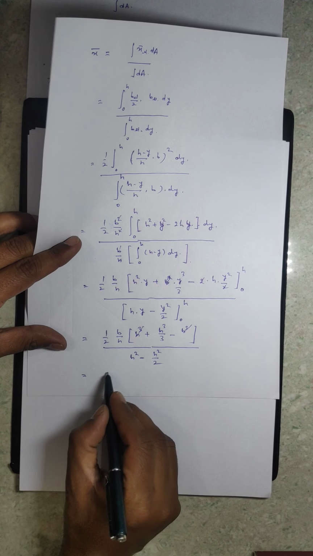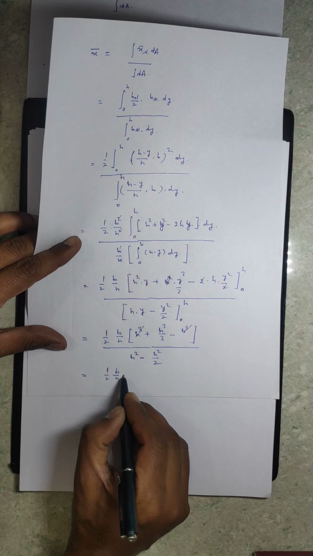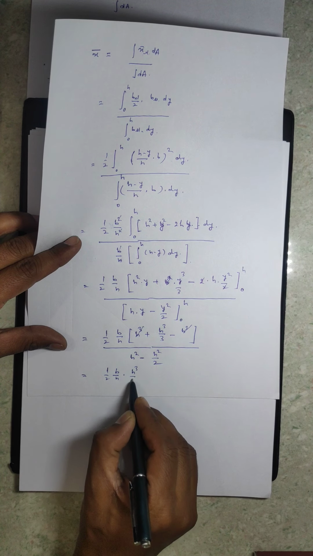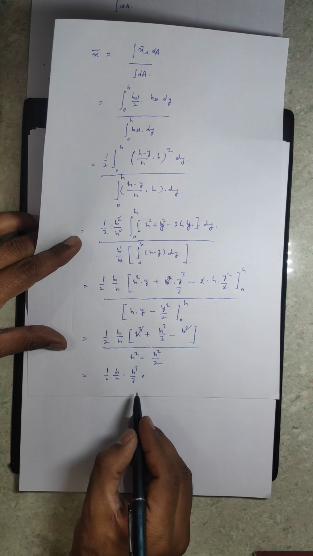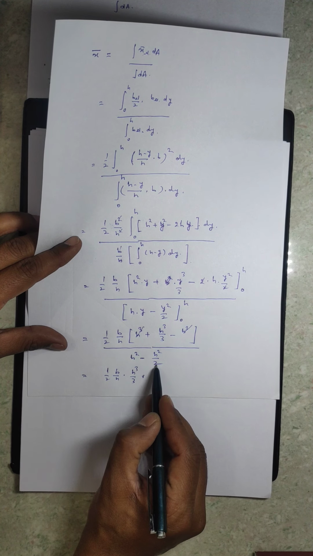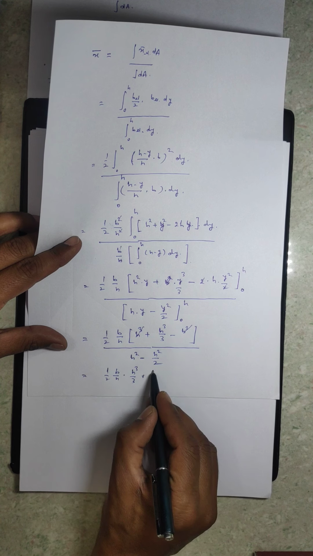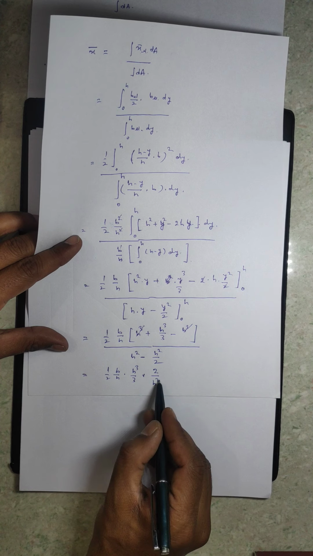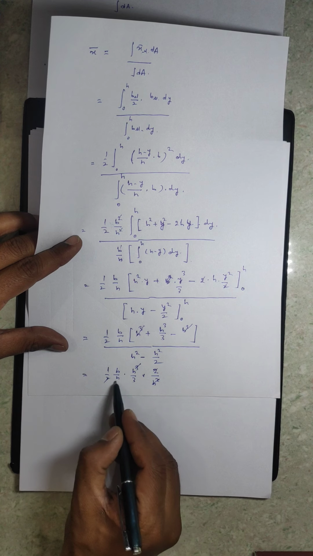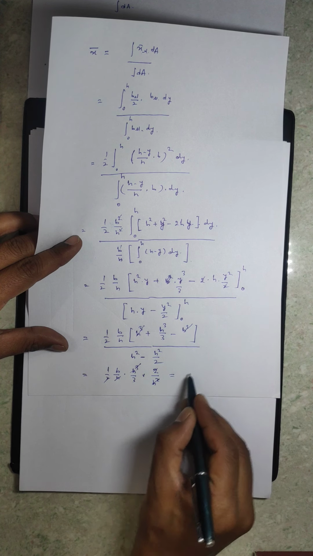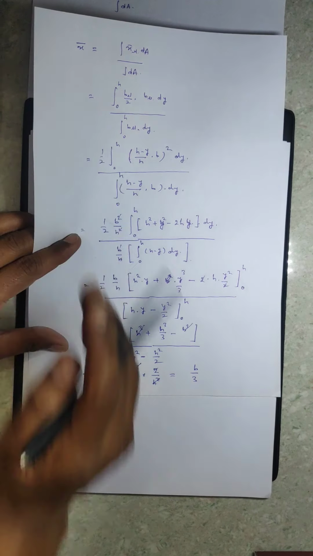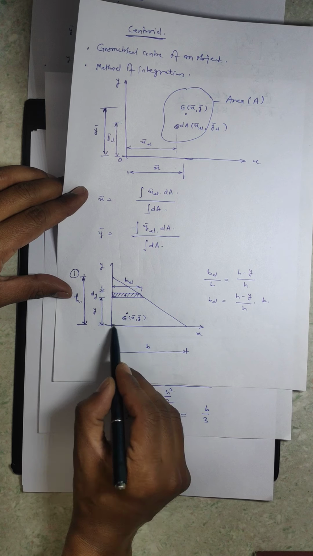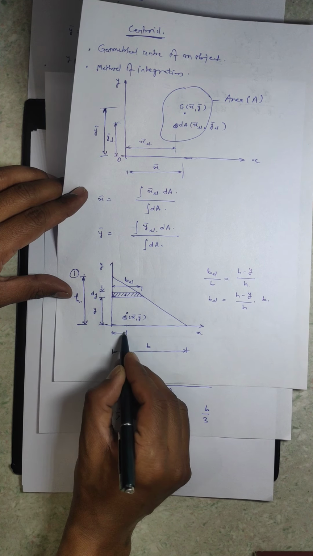From here we have half b by h into h cube by 3 multiplied by 2 by h square. The 2 cancels, h square cancels, and h and h cancel, so we have b by 3. The value of x bar is b by 3.